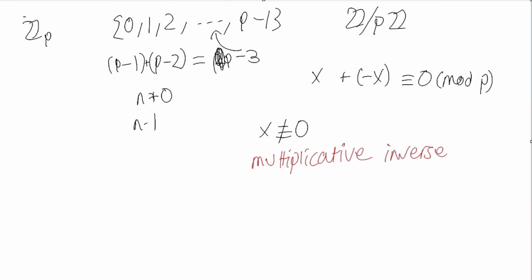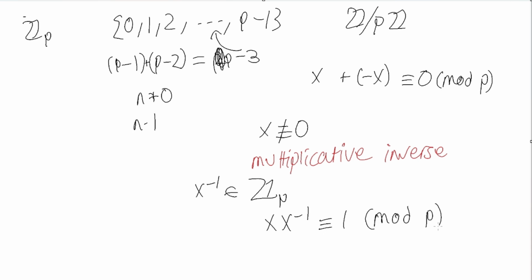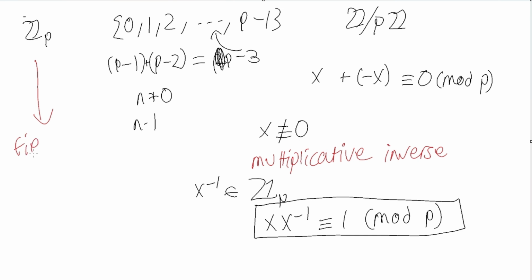And what this means is that there always exists an x⁻¹ inside Z_p, such that x⁻¹ is the inverse of x, so x times x⁻¹ is equivalent to 1 mod p. And this is a very, very, very powerful property. And because we have this multiplicative inverse property, we call this Z_p here a field.